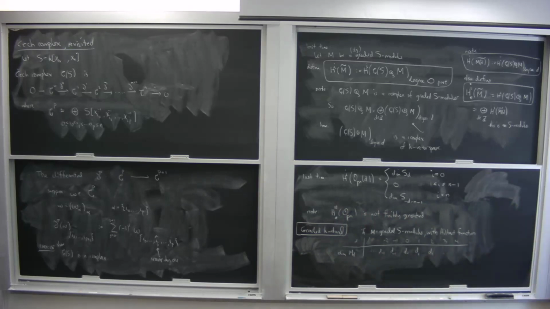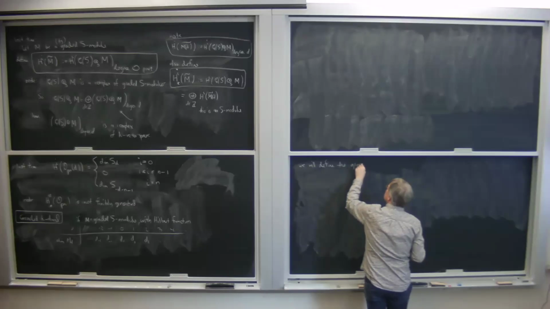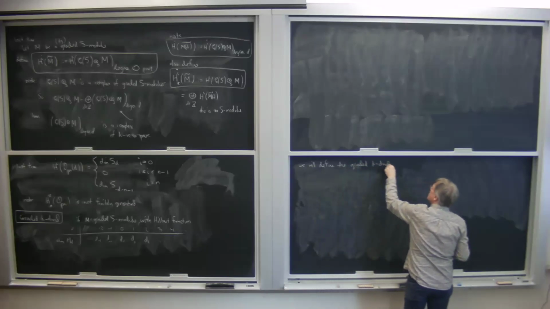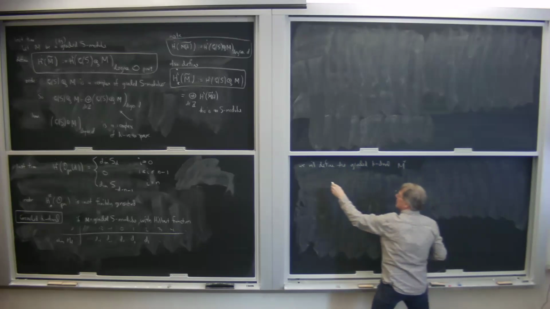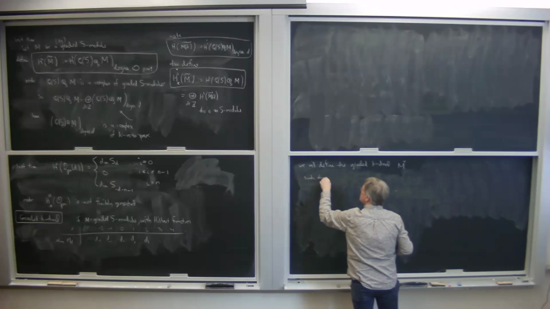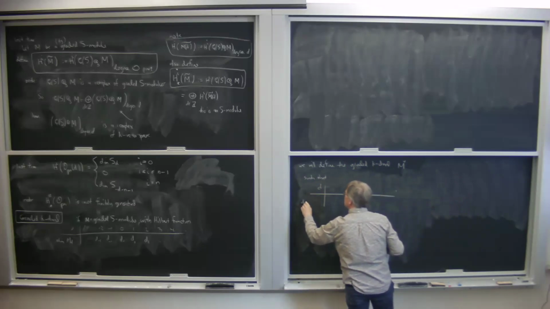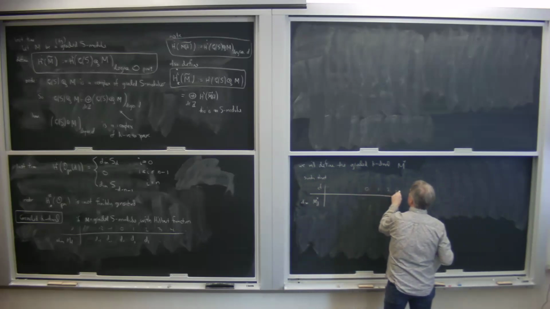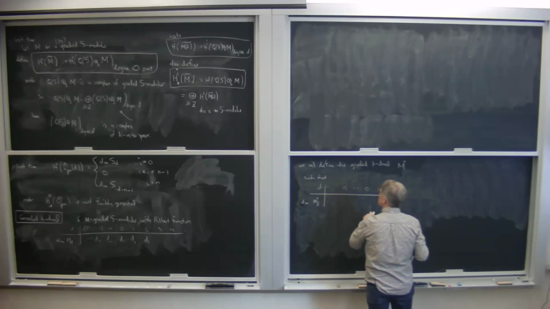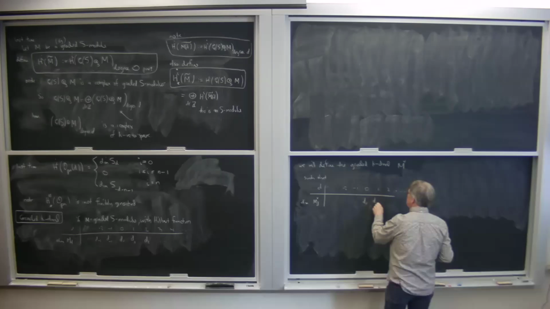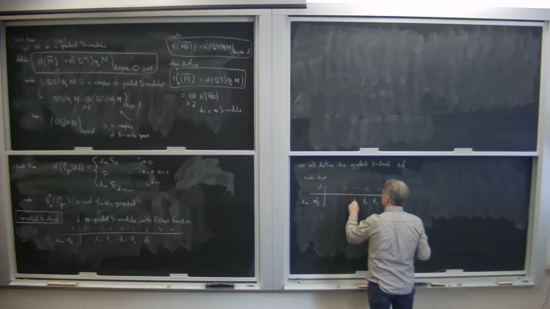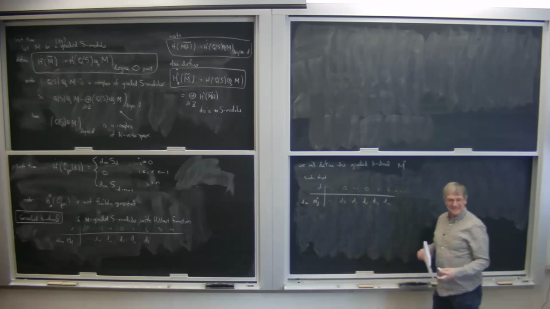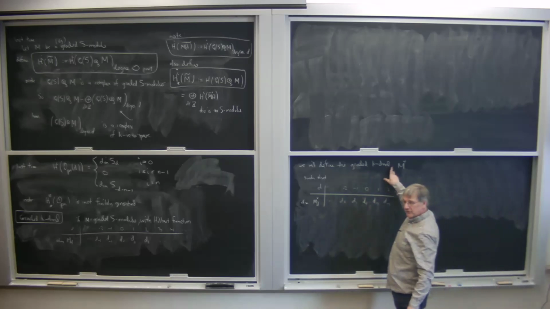So we will define the graded K-dual, M check, such that the Hilbert function, so if I have d here and the dimension of M check sub d, and here's 0, 1, 2, etc., and here's -1, -2, etc., then this is going to be d_0 still, but now it's going to be d_{-1}, d_{-2}, and so on, and d_1, d_2, and so on. Okay? That's what we're going to define.